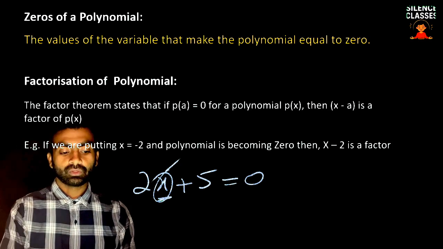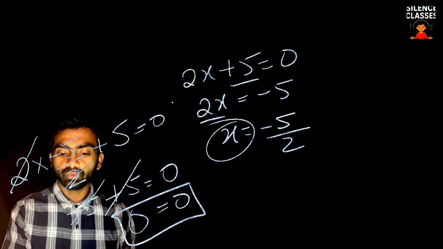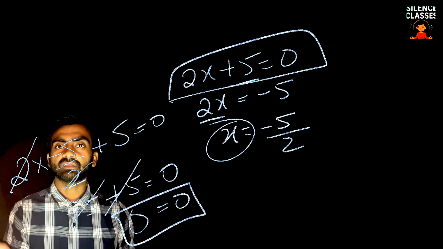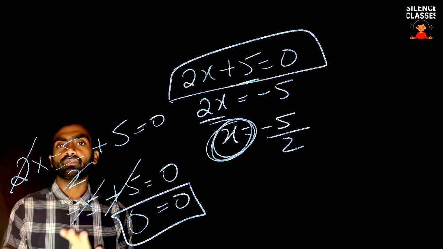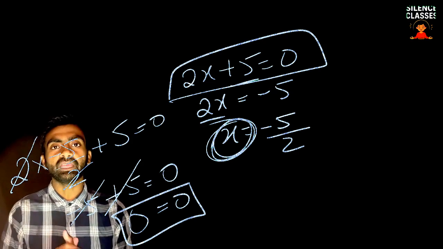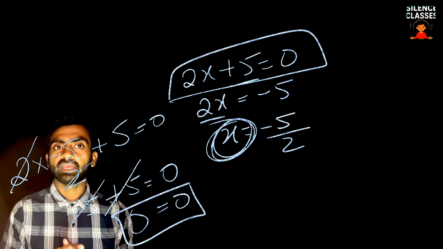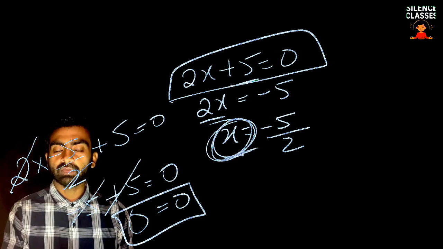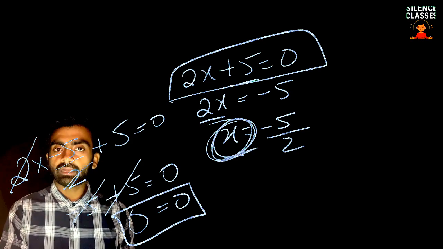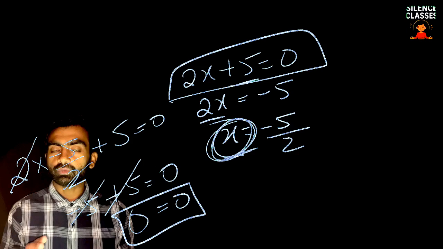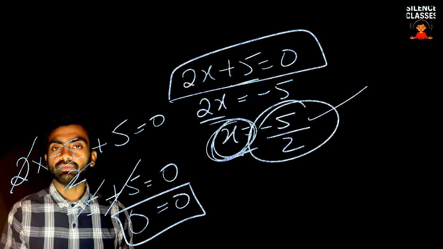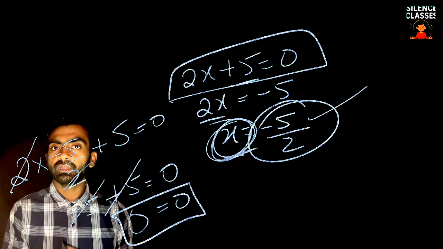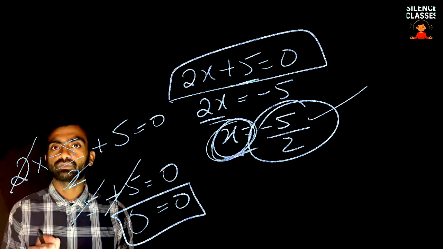To find it, you have to move the terms to the right hand side. That way you can find the value of x, y, z, whatever variable is given to you. Then you put that value into the given equation and solve it, and you will get 0 equals 0.